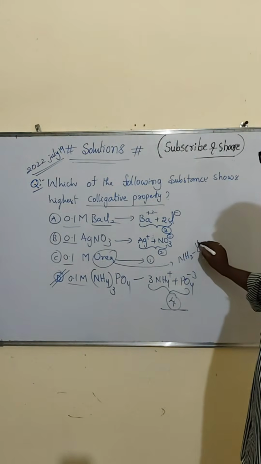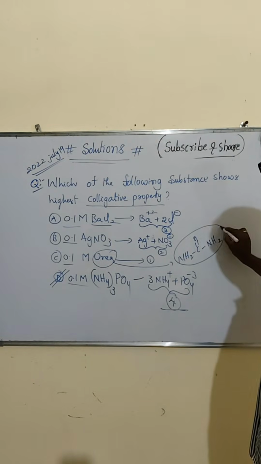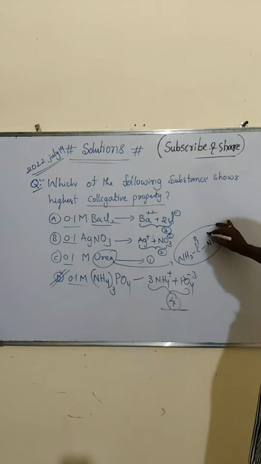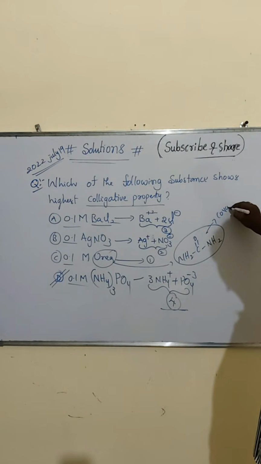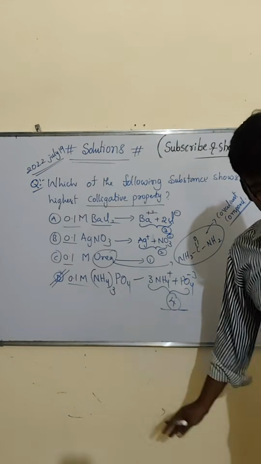This is the urea formula. It won't dissociate or associate, because it is a completely covalent compound. That is the reason it won't dissociate. Clear? Yes, note down the question.